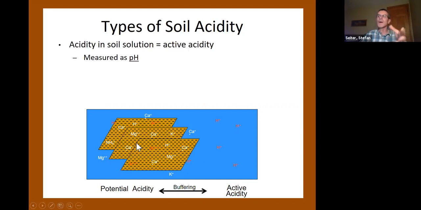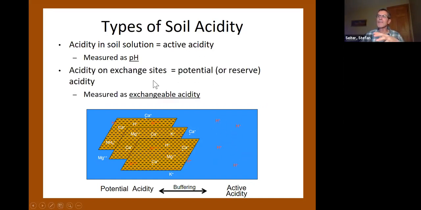And so we talk about the acidity that's measured with the pH. We talk about that active acidity. But then we have that acidity that sits on the soil itself. And we call that the potential or reserve acidity, or also exchangeable acidity. So there are multiple names for that other acidity, basically the acidity that sits on the soil itself. And so in liming, we're trying to neutralize both this acidity and this acidity.